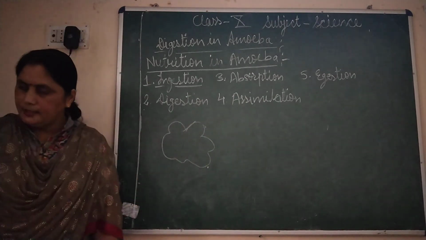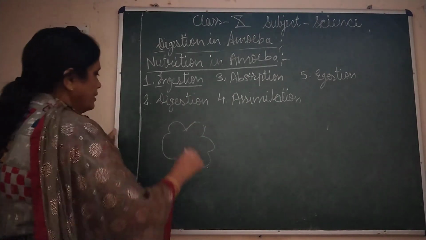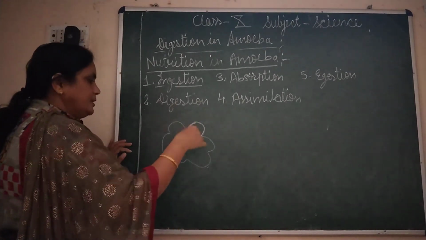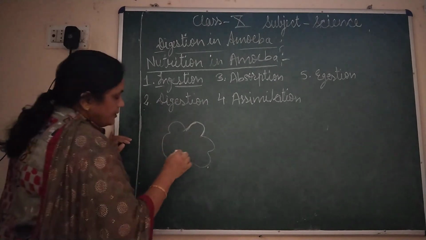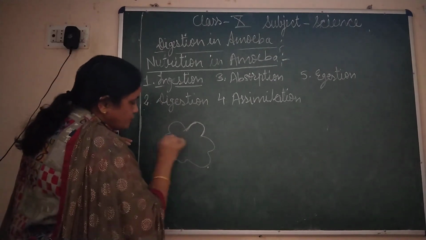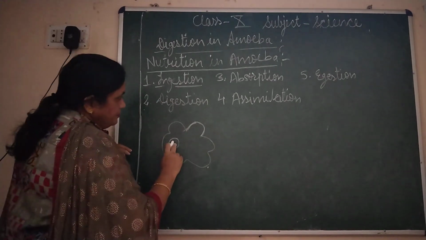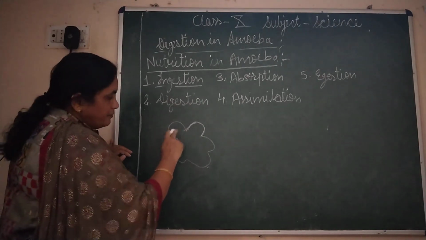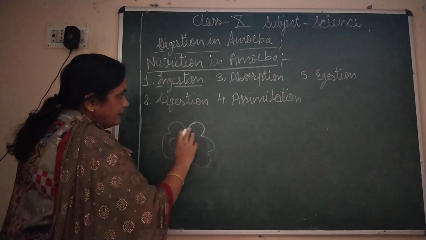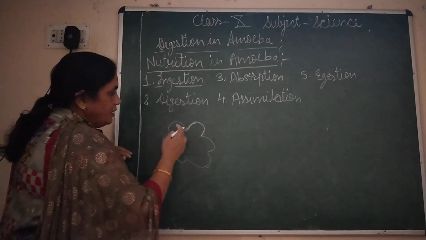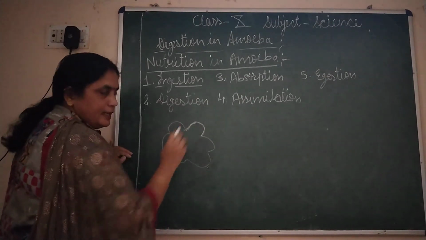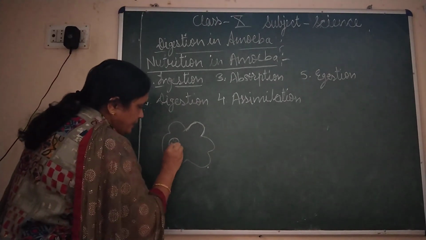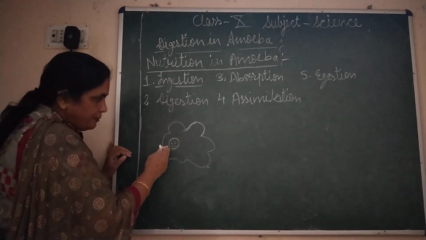See children, while digestion is taking place, and after that, this food vacuole starts moving from one end to another end. Wherever it moves, the various parts of this cell get the digested food. Suppose it starts moving from here.